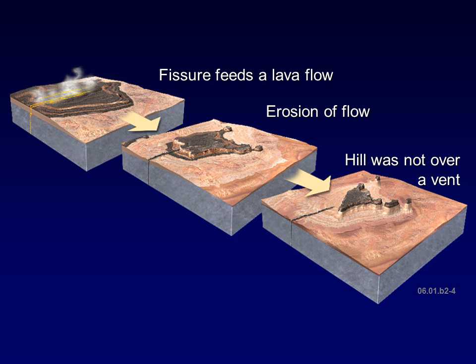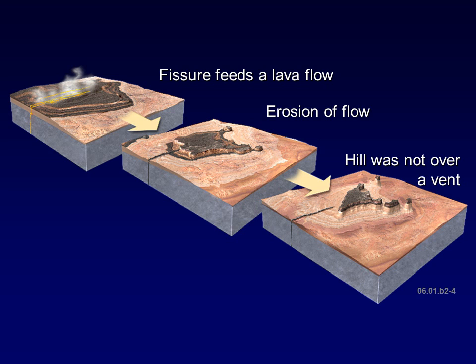You get erosion around the lava flow. The fissure location is marked by a dike. So a dike is a vertical sheet of moving lava. In this case, it has solidified.